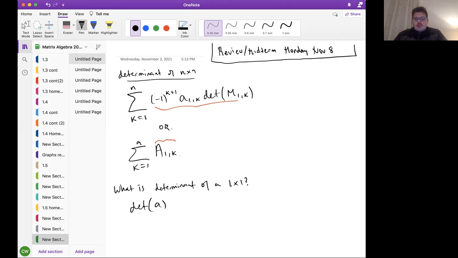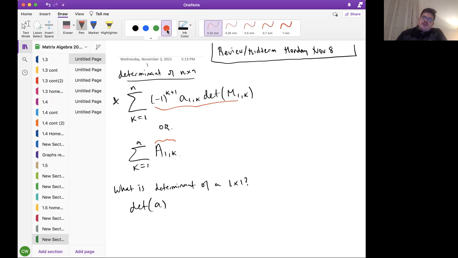Well, we did it for a 4x4, but since not everyone here has done induction, I'm not going to do the proper proof for an n by n. But it looks a lot like the 3x3 formula, right? This is what the 3x3 formula looks like, but instead of an n, there was a 3.